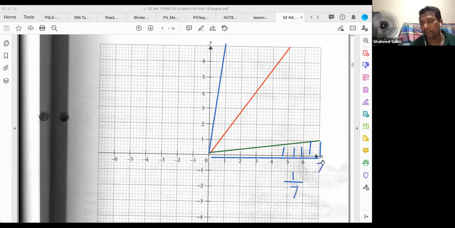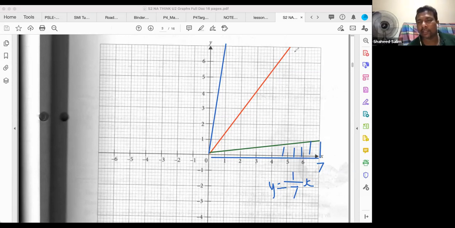So this is your gradient 1 over 7. So if you see now someone writing y equals 1/7 x, you know that it's a gentle slope. You got to move 7x before you can go up 1y.